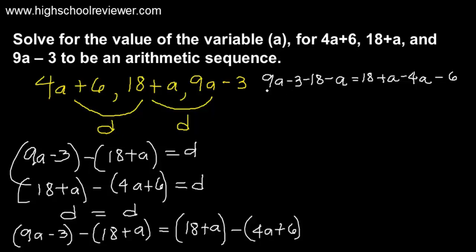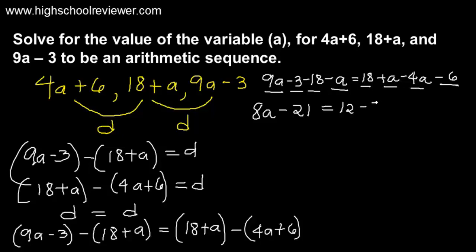Combining like terms, we have 9a minus a. This will be equal to 8a. Negative 3 minus 18, this will be negative 21. And we will have here 18 minus 6. This will be equal to positive 12. And we have positive a minus 4a.